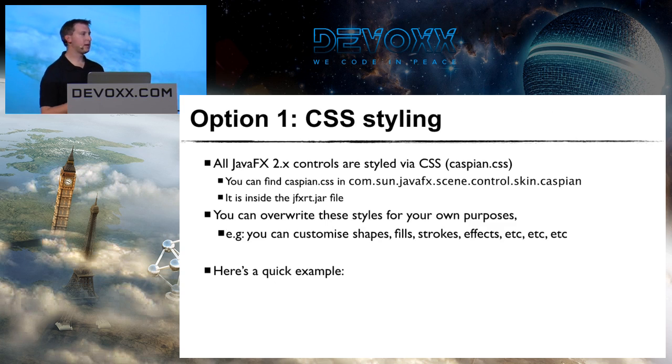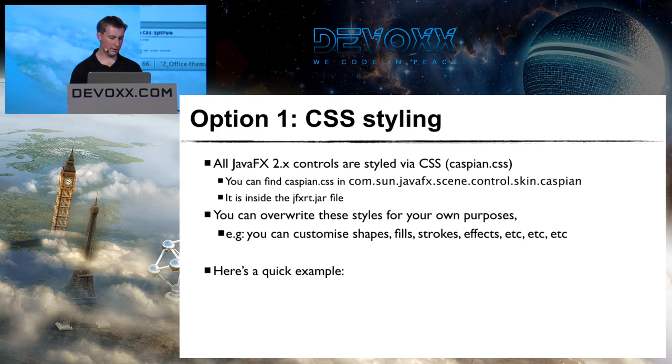So the first approach is basically taking the Caspian CSS file that we use for styling all the UI controls in the JavaFX UI controls team, and understanding how the controls are styled and modifying that to suit your needs. You can find it within the JavaFX RT jar file, in the com.sun.javafx.scene.control.skin.caspian package.